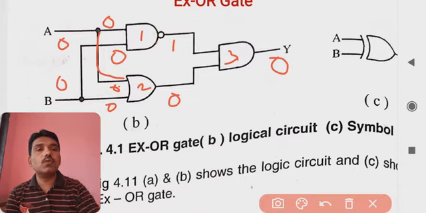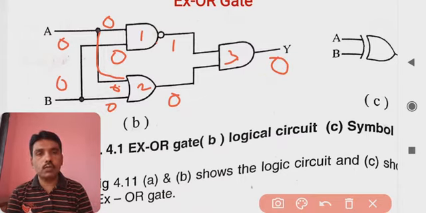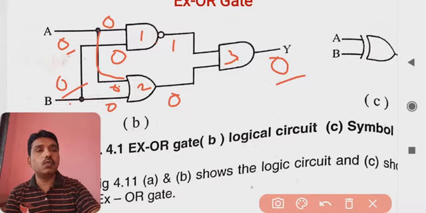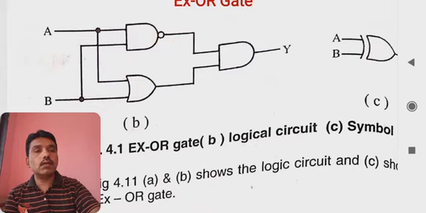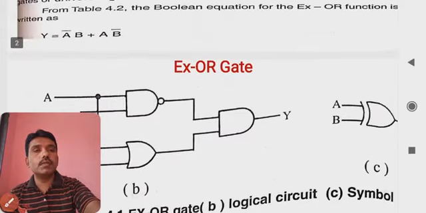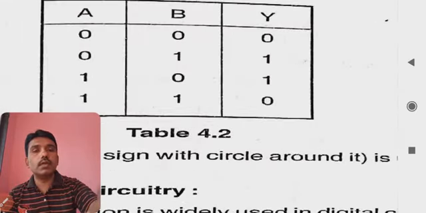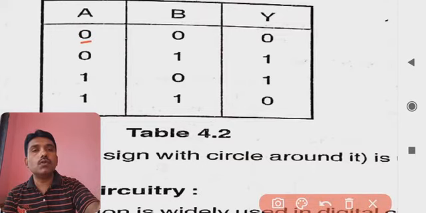That means the output you will get is 0. So in the first case, where A B is 0 0, we are getting the output 0, which matches this truth table: for 0 0, the output is 0.